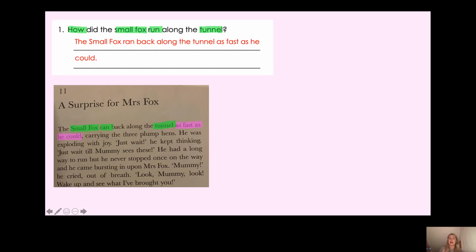We've explained how the small fox ran along the tunnel. First of all, we found the keywords in the text from our question, and then we found how. We looked for the explanation, and then I have literally just picked that sentence out of the text. I haven't actually changed it in any way, and that's because with retrieval questions, you most likely find the exact answer in the text.